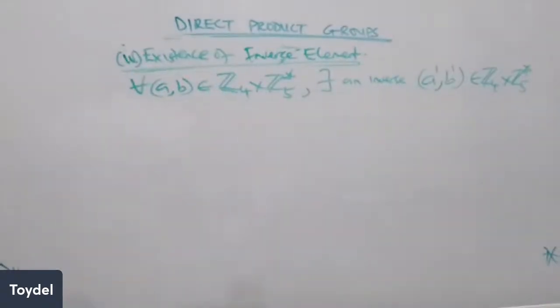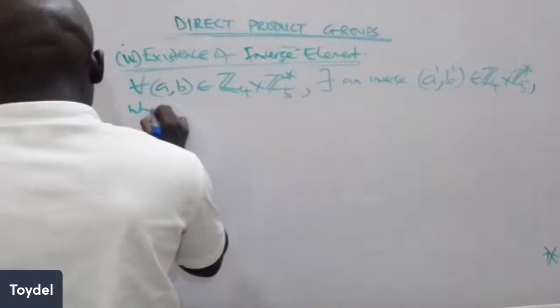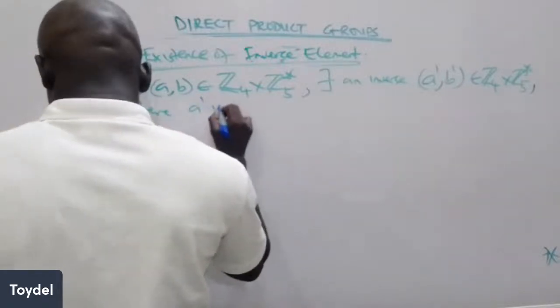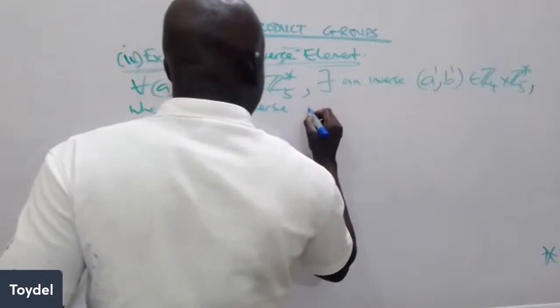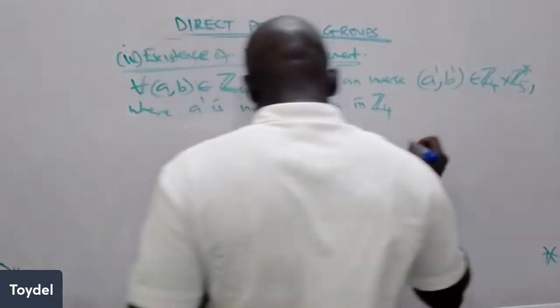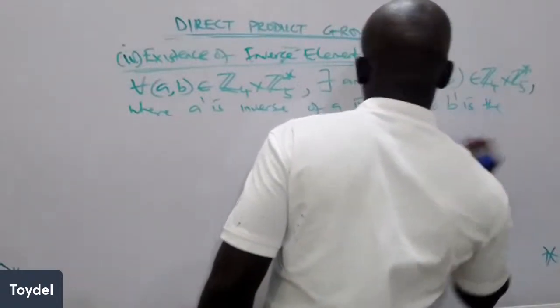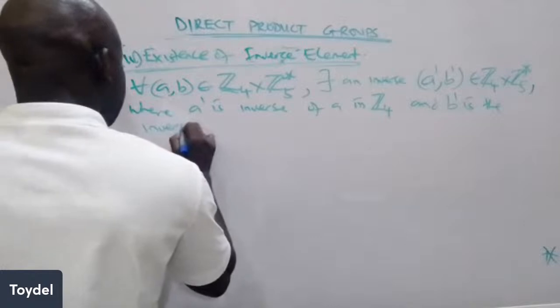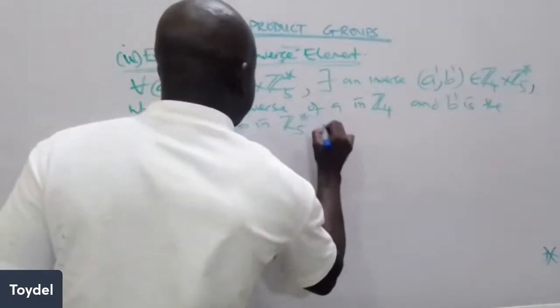So there exists an inverse that belongs to Z4 cross Z5, where A prime is the inverse of A in Z4 and B prime is the inverse of B in Z5 asterisk.